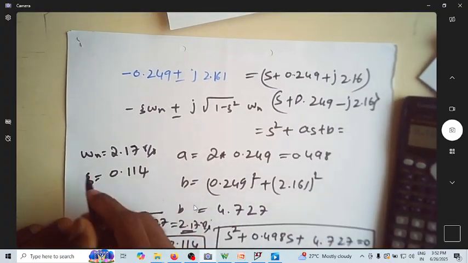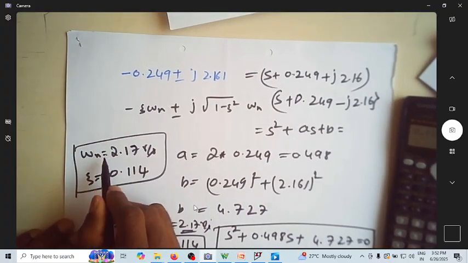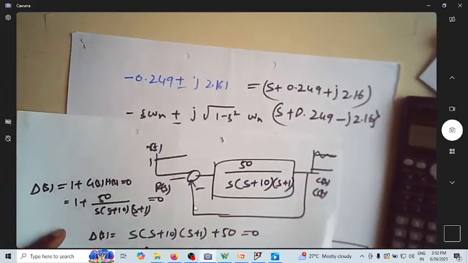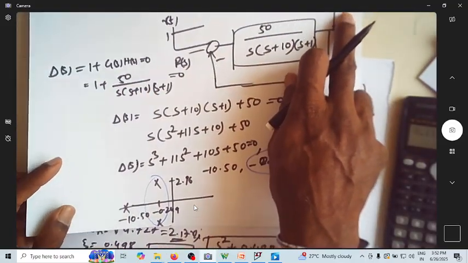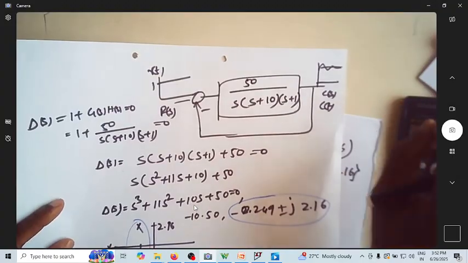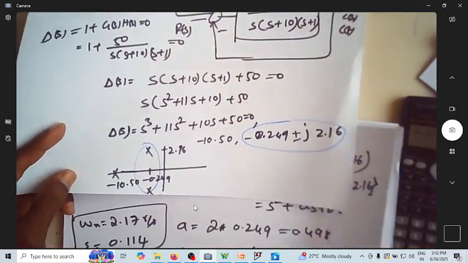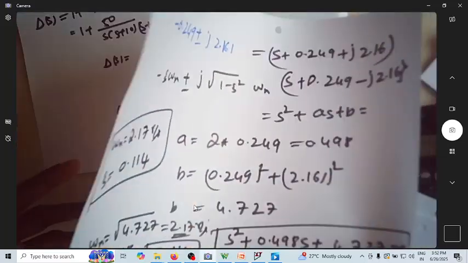So now with these values of zeta and omega n for this system with these dominant poles, I can estimate what is the overshoot, what is settling time, what is peak time, all those stuff. Correct? So how do I do?